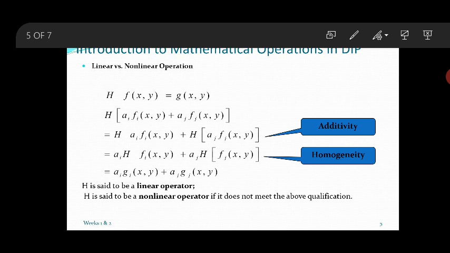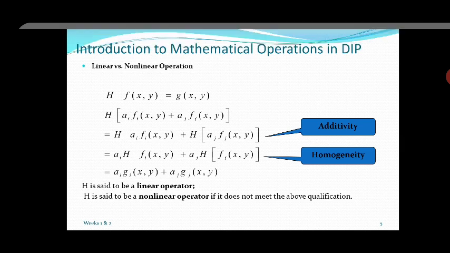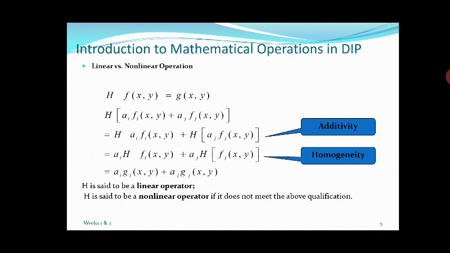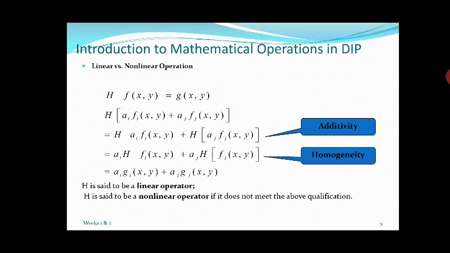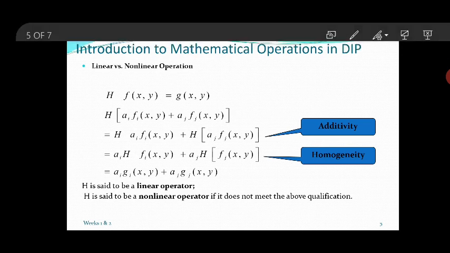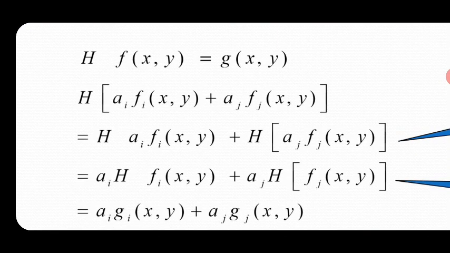Let us assume that each image is multiplied by a factor: fi is multiplied by the ai factor, fj is multiplied by the aj factor.